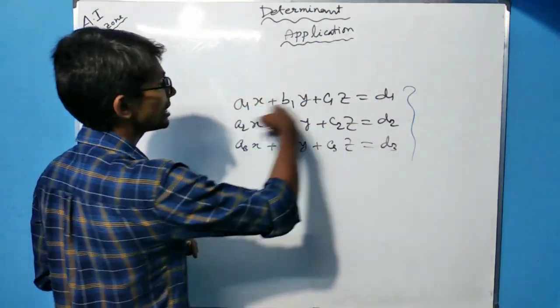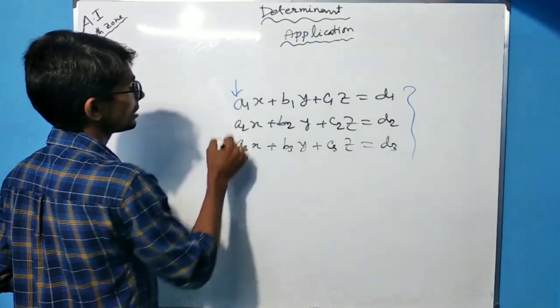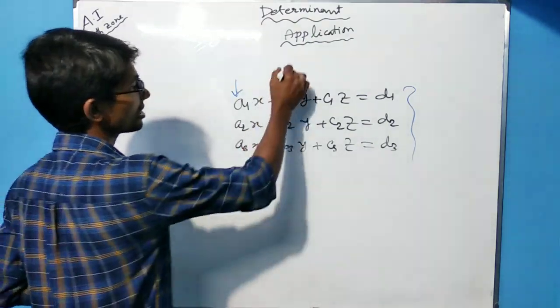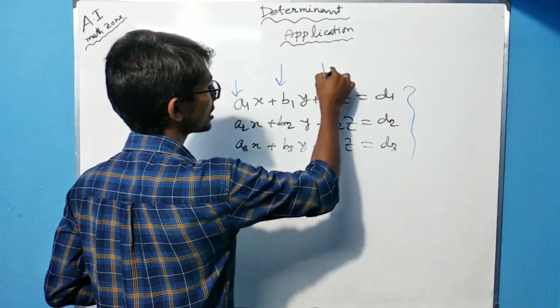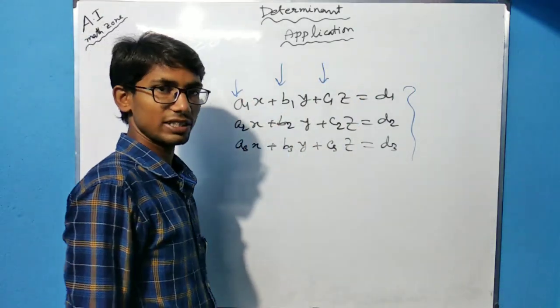These are all the coefficients of x, these are all the coefficients of y, and these are all the coefficients of z.